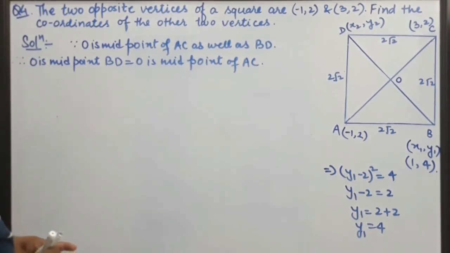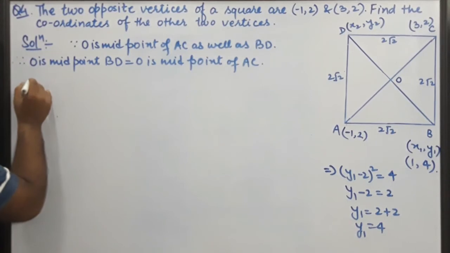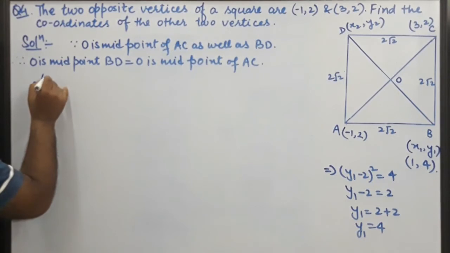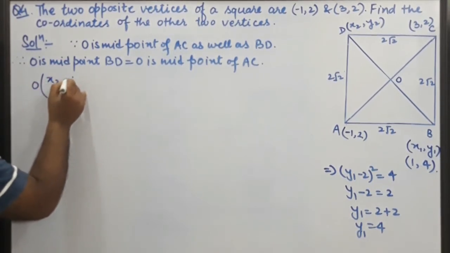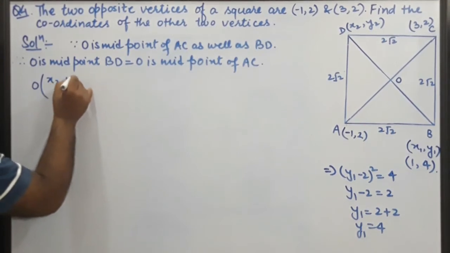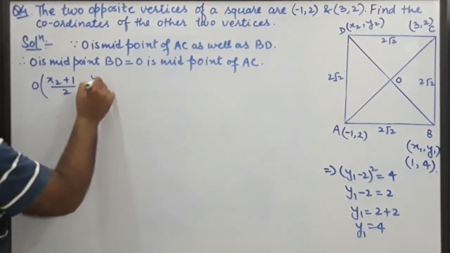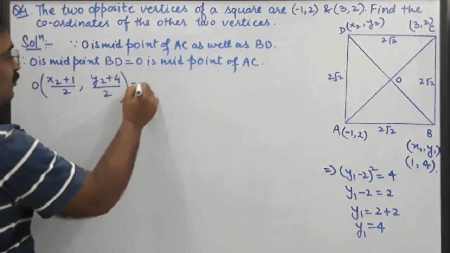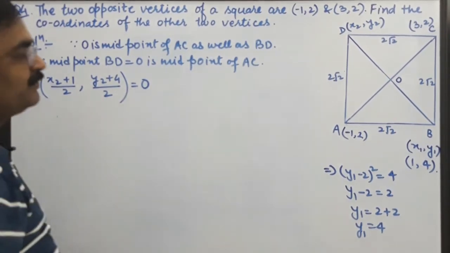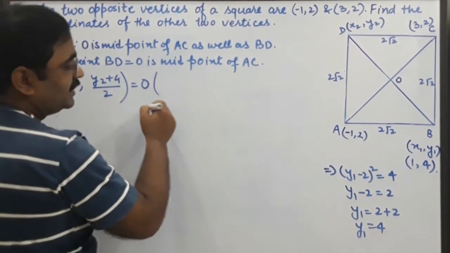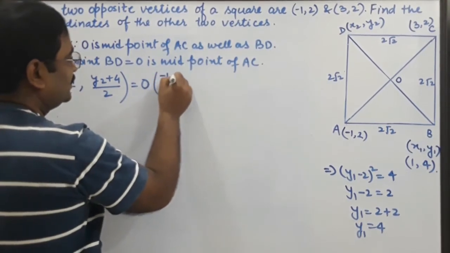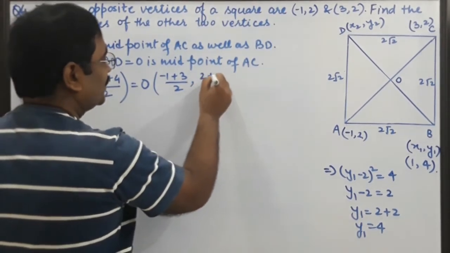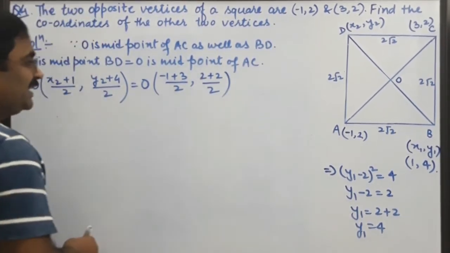To get the midpoint of BD, you can write O as x2 plus 1 upon 2, comma y2 plus 4 upon 2, and the same coordinate we can get by the midpoint of AC, which is minus 1 plus 3 upon 2 and 2 plus 2 upon 2, right?